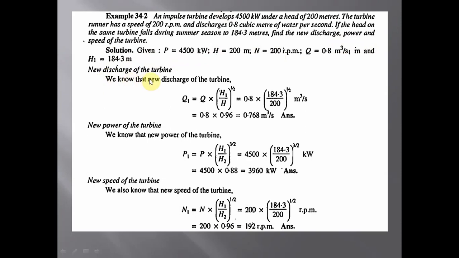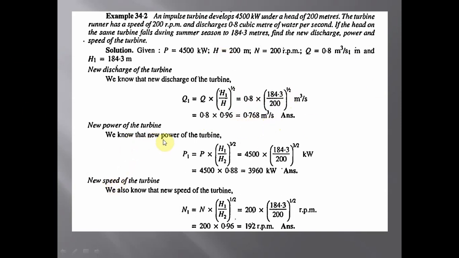Now the new discharge of the turbine: Q1 = Q × (H1/H)^(1/2) = 0.8 × (184.3/200)^(1/2) = 0.8 × 0.96 = 0.768 cubic meters per second.